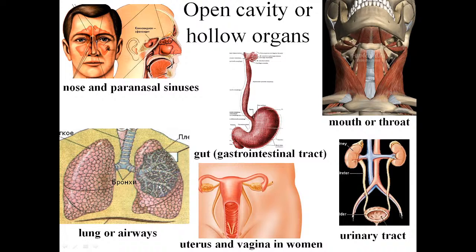Through the bronchi and trachea, these cavities are connected with the environment. On the next slide, you can see the uterus and vagina in a woman, and this cavity is also connected with the environment. And in the final picture, you can see the urinary tract. It is also connected with the environment through the urethra.